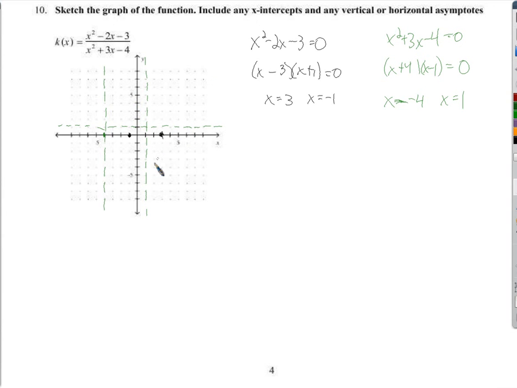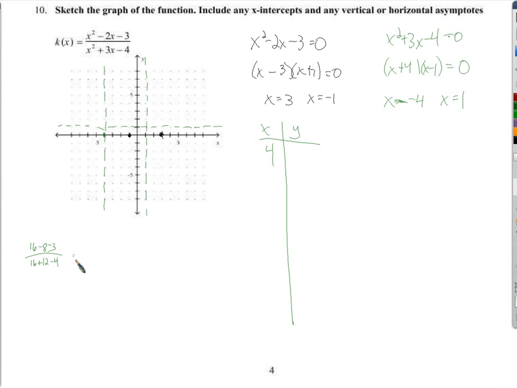So let's plot some points. Let's go with like 4, I guess. We'll plug in 4. We get 16 minus 8 minus 3 over 16 plus 12 minus 4.